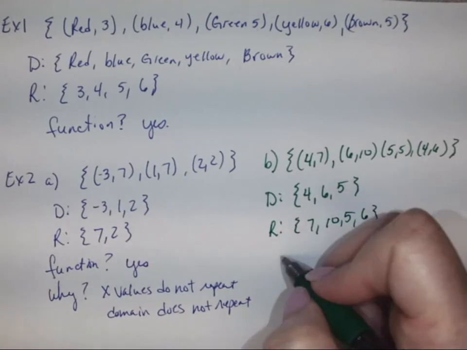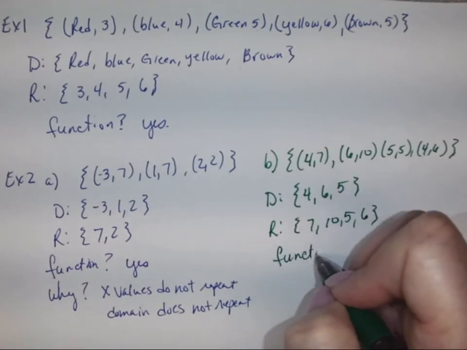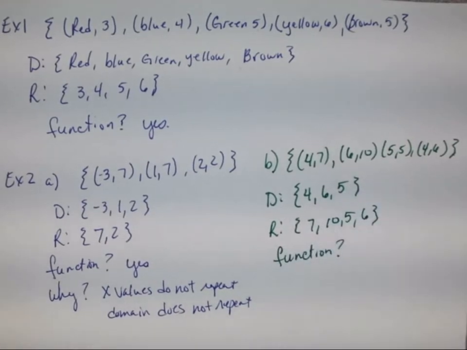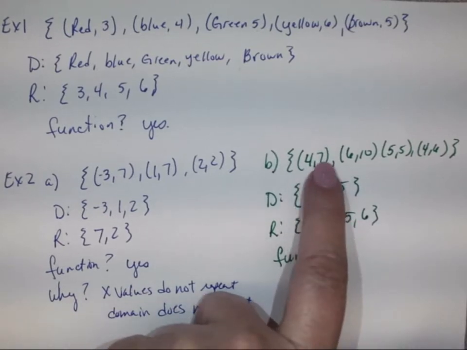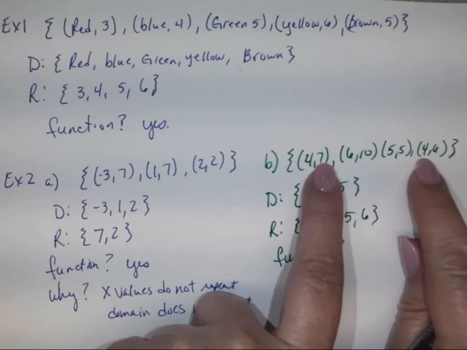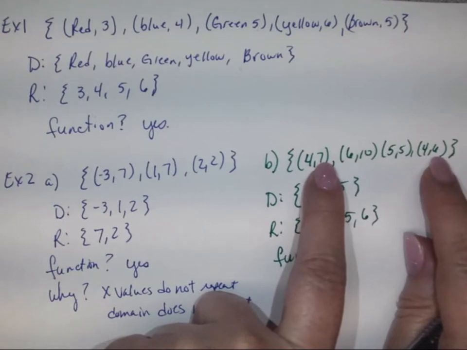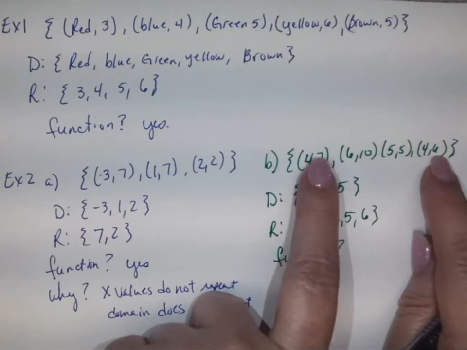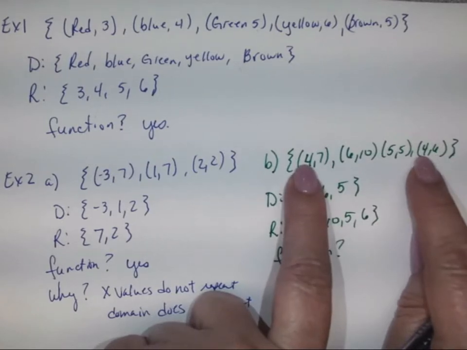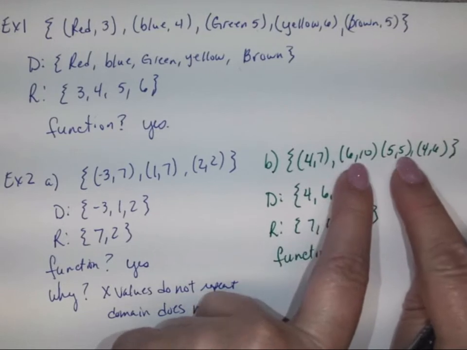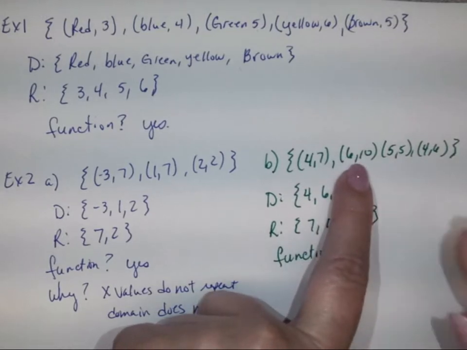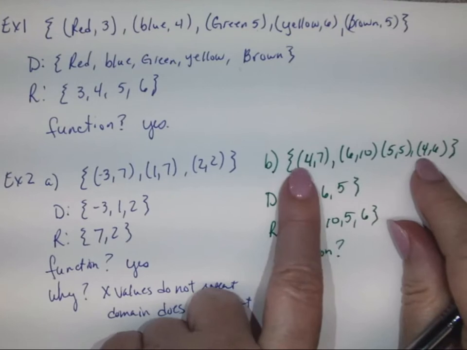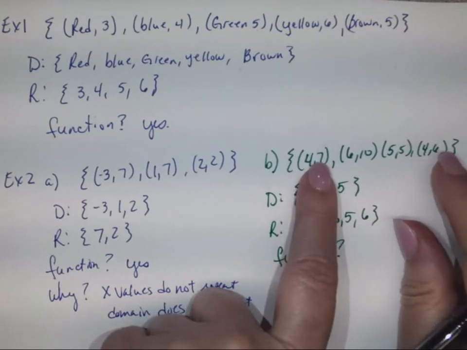So is this a function? When we look at this, if we put in a 4, we got out a 7. Oh, wait a minute. When we put in a 4, we also got a 6. If you get more than one y value when you put in one of the x values, it is not a function. These two are okay because we only have 6 going to 10 and 5 going to 5, but with the 4, we're either going to get a 6 or a 7.